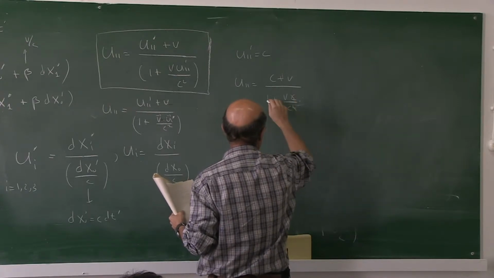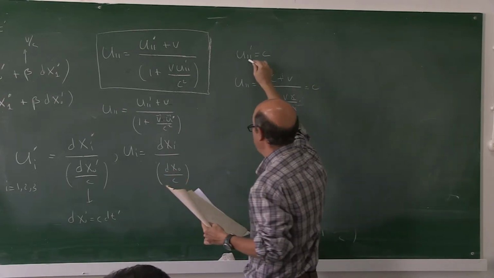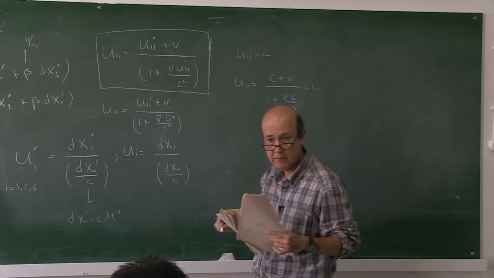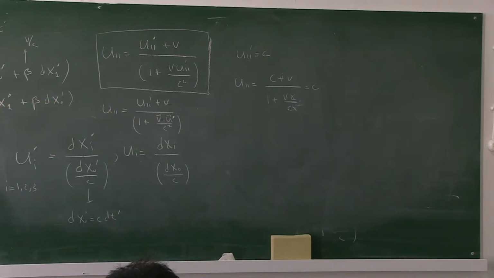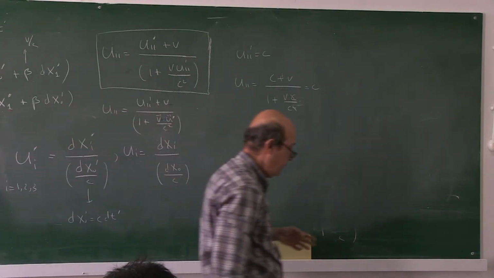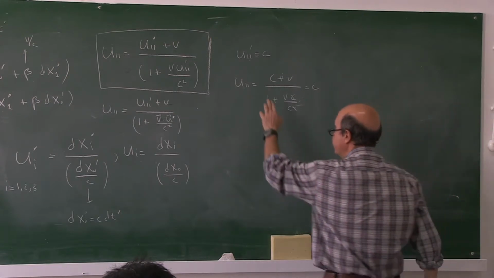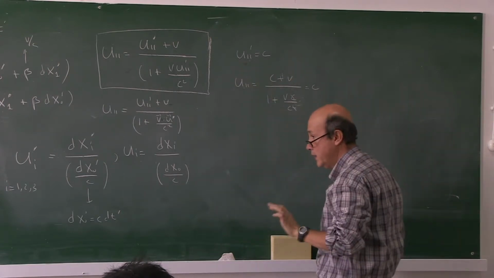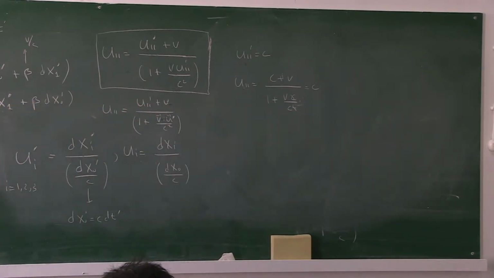One of them will be cancelled. This will be c plus v over c plus v, and this will be the c. So both frames will see the speed of light as c. So the Lorentz transformation, applied to the addition of velocities, tells us that in both frames we can see the speed of light as c.